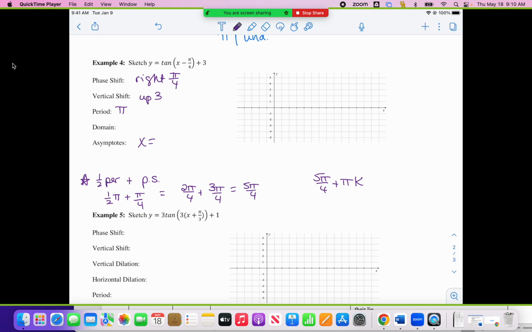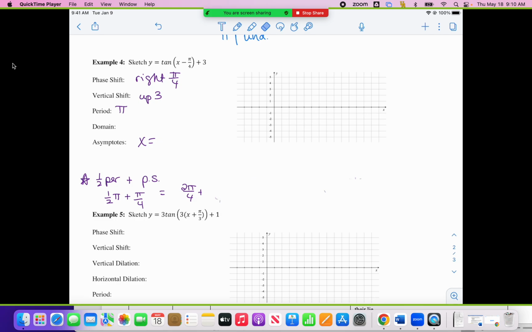Oh, sorry. Thank you. That was pi over 4. I don't know where I did the 3. I was adding it and then adding it again. Sorry. Thank you, Mia. No, that's 3 pi over 4. So that's 3 pi over 4 plus pi k, where k is an integer.